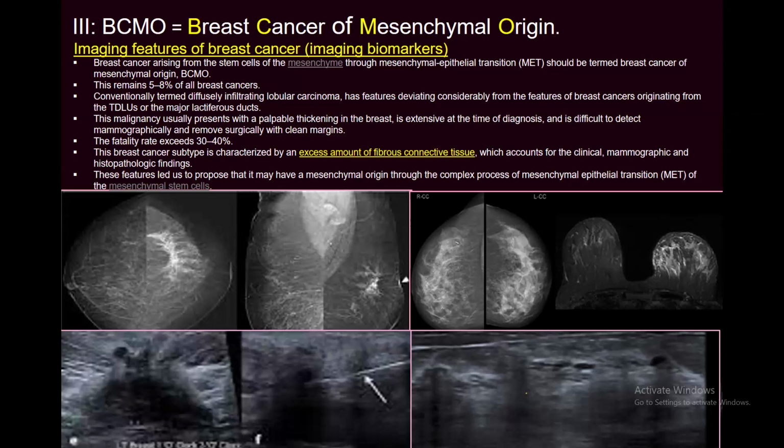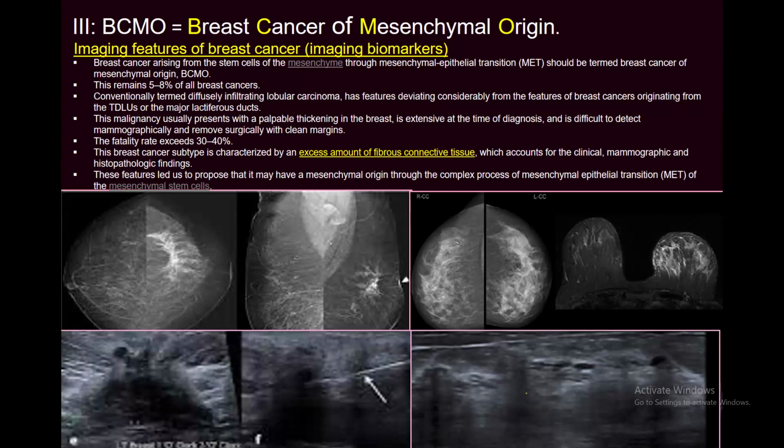This breast cancer subtype is characterized, as we mentioned, by an excessive amount of fibrous connective tissue. That is why they claim a mesenchymal origin, and it has specific clinical, mammographic, and histopathological findings.